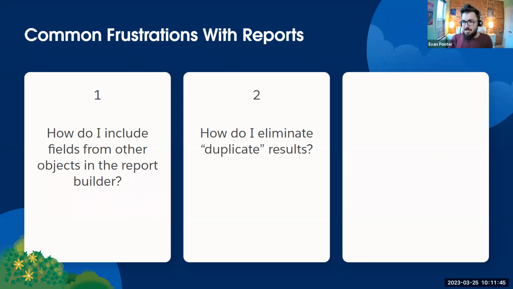The second frustration people have is, how do I eliminate duplicate results? You'll be looking at a report, you'll see a bunch of results, but sometimes across multiple rows, you'll see the same value. A lot of times when people run into this problem in Salesforce reporting, they'll get their results close enough.